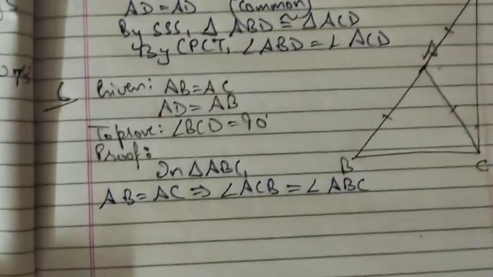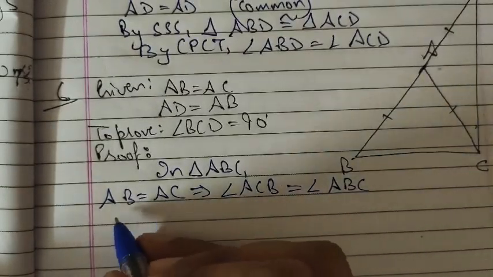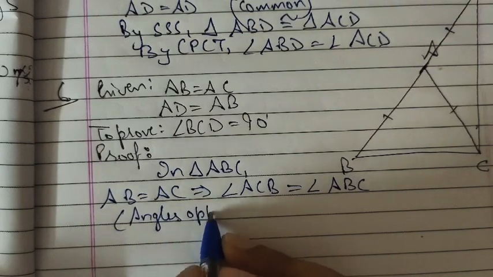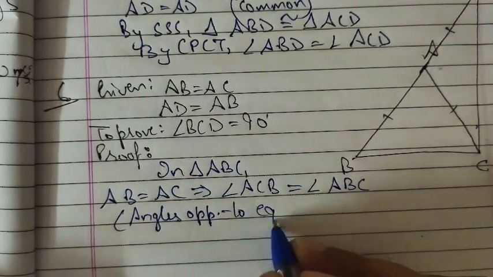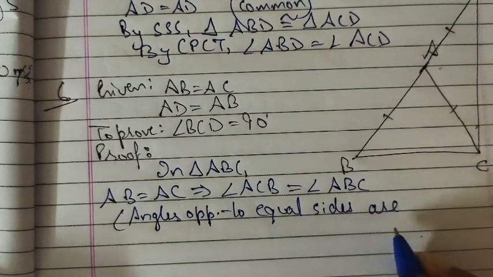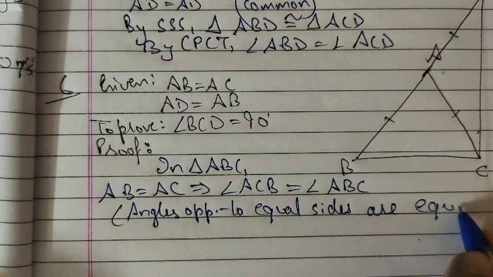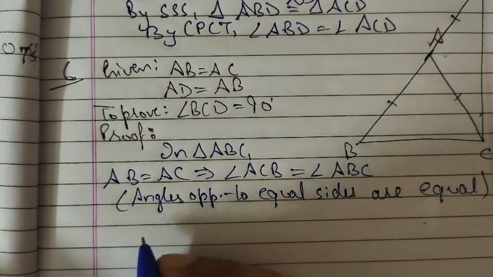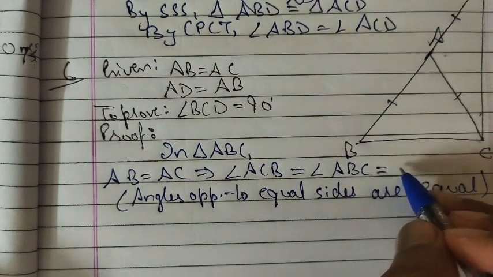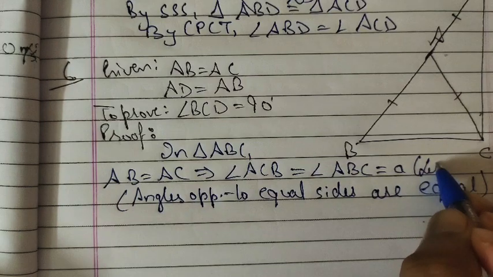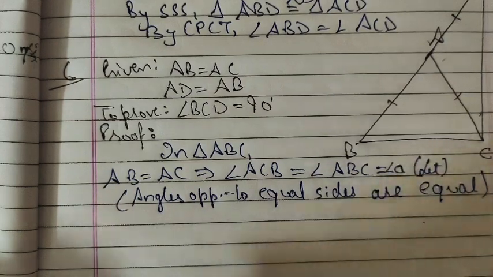So we can say, using that theorem, angles opposite to equal sides are equal. Angle opposite to equal sides of a triangle are equal. Similarly, let's say that it be a. Angle A.